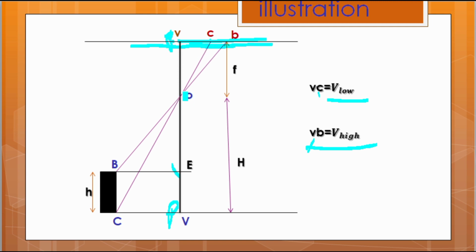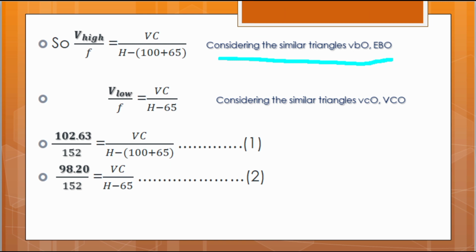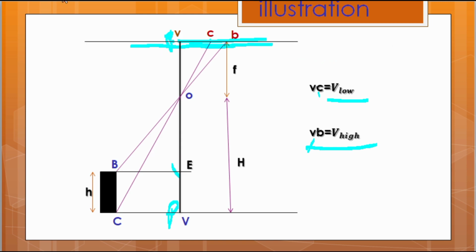So small b, o, being seen here in our consideration. So there will be VBO. This is the triangle that I am looking for.